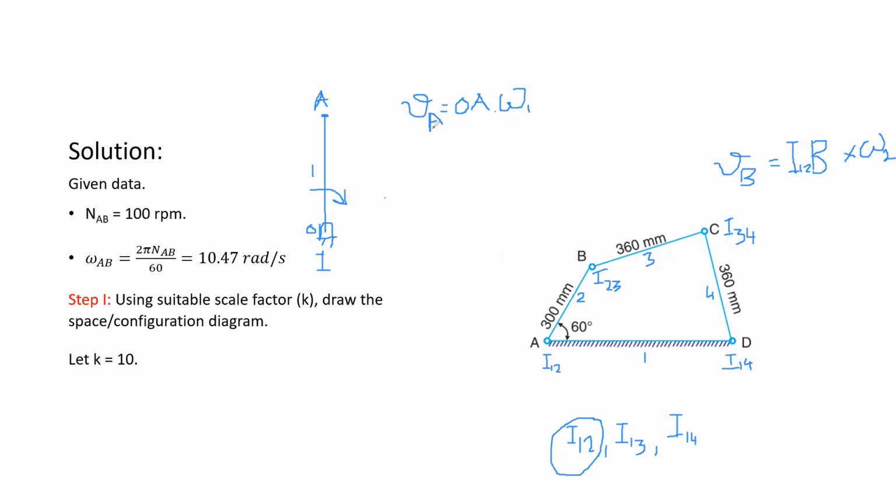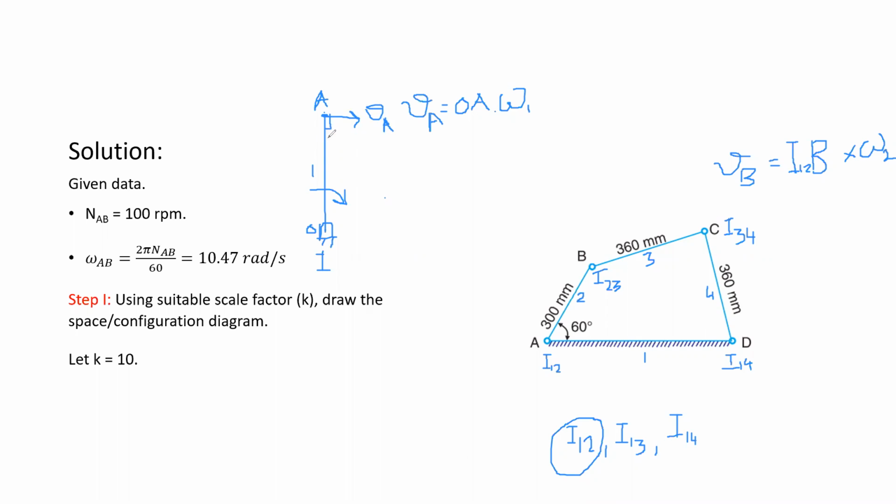So velocity of point A we found like this, OA into omega 1. Now you always remember that this velocity VA, velocity of point A, it is always perpendicular. ठीक है, it is always perpendicular to what? Radius.